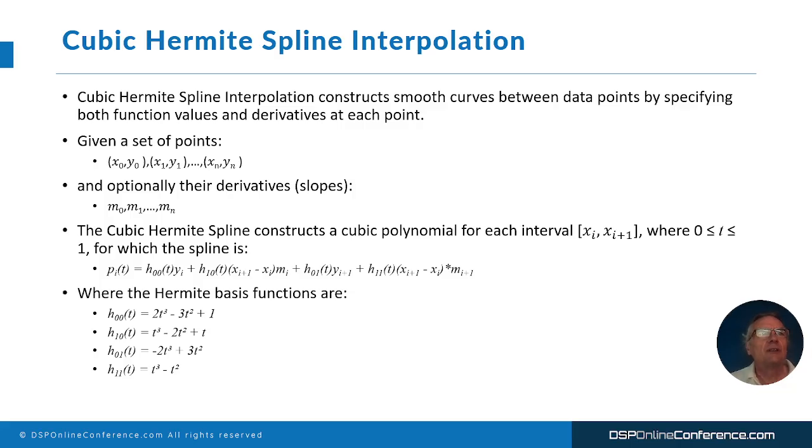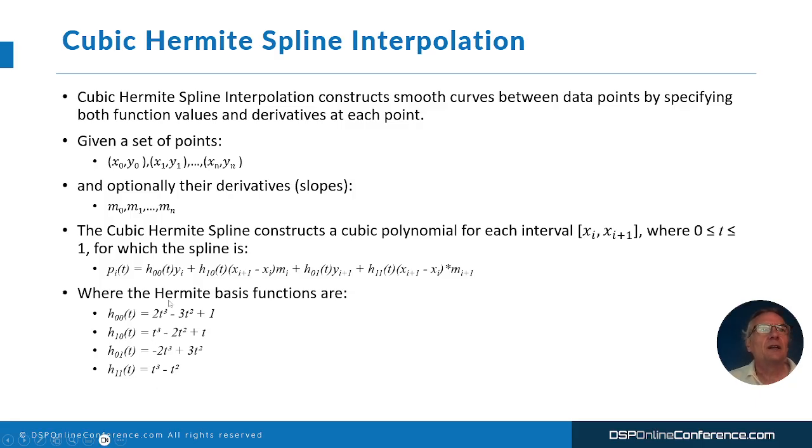And that's an important thing, as we'll see in the next slide. Essentially, for the cubic Hermite spline interpolator, we have our given set of points, just as we did with Lagrange, but we optionally can specify their derivatives at those points.